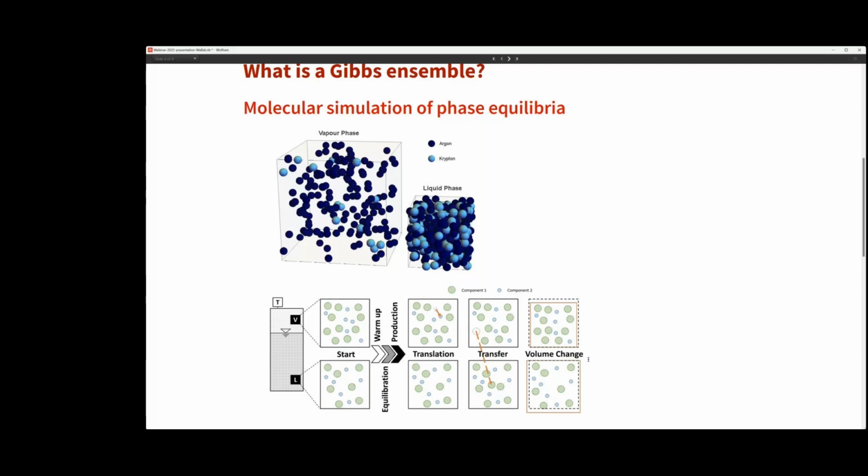And these Monte Carlo moves are then repeatedly conducted in order to shift the system towards a minimum of its internal energy, which finally brings the system to the vapor-liquid equilibrium. And typically, these moves are organized in such a way that first of all, there's a so-called warm-up phase for moving the system away from its initial configuration.